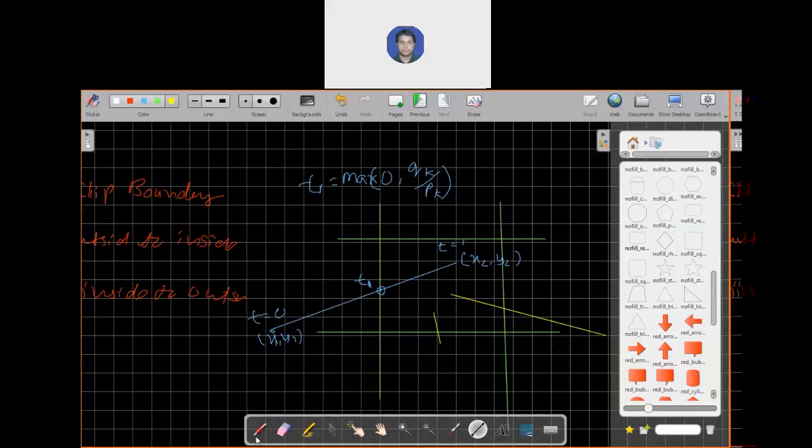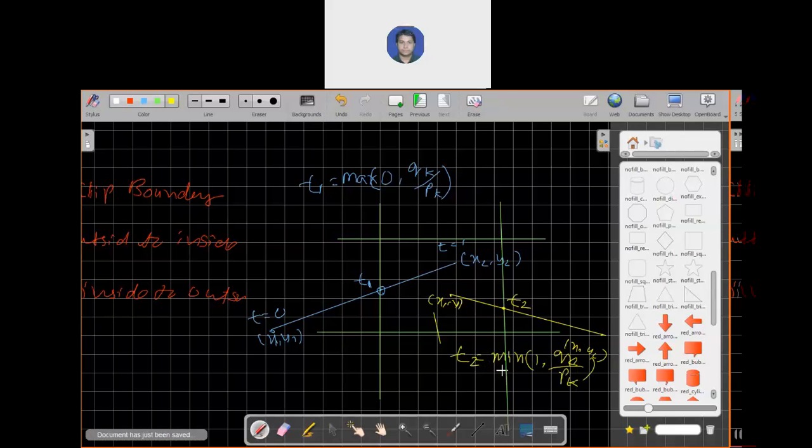This is your initial point x1 y1 and this is your end point x2 y2. At this point you are exiting, so it's t2, and the value of t2 will be the minimum of 1 or qk by pk.